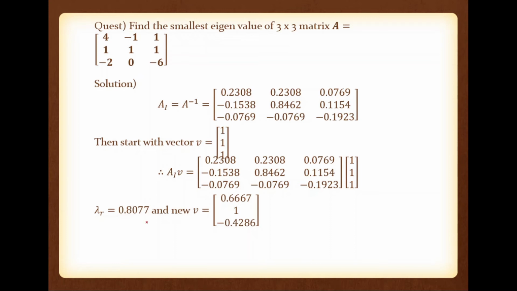The largest value is 0.8077, and the normalized vector is 0.6667, 1, -0.4286. Here you can see that this value is 1, which means we are going to find the second eigenvalue. But this is not equal to the initial vector, so we have to continue.